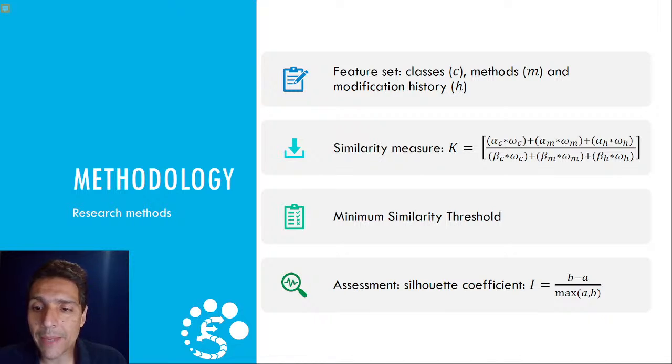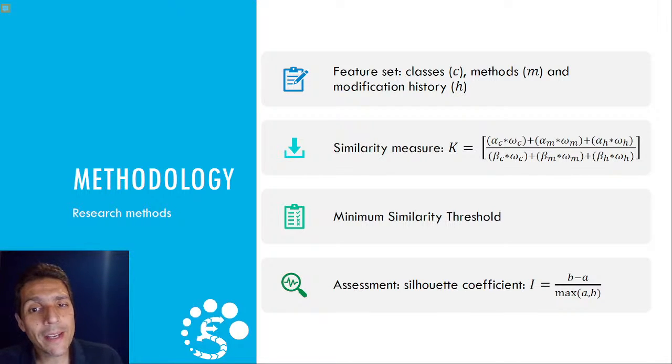It measures how close one cluster is to another. Letter A means the average distance between internal microservices in the same cluster, and letter B means the distance between the cluster and the closest microservice outside the cluster.